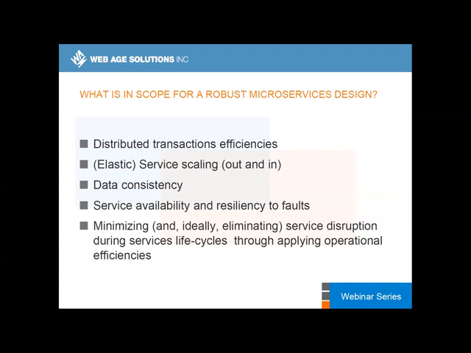Data consistency: as long as you go into that distributed world of computing, you need to start thinking about a consistent view of your data. So Eric Brewer's CAP theorem applies in its entirety. Service availability, resiliency to fault. So we're going to talk about designing for disaster, for faults.